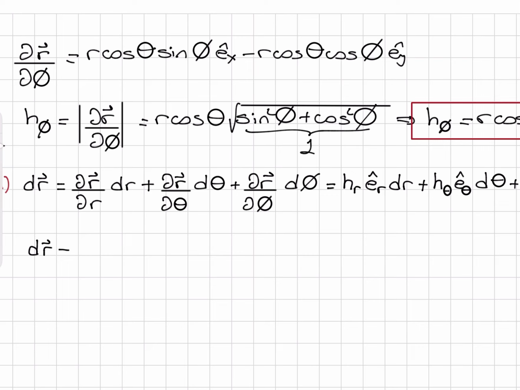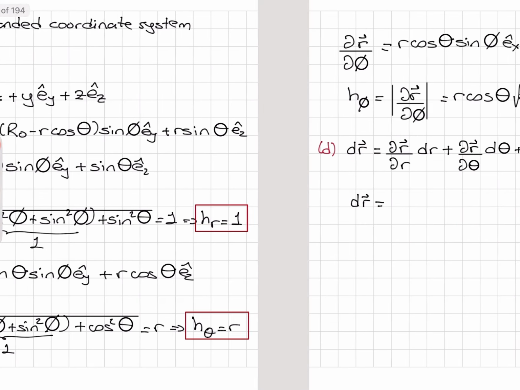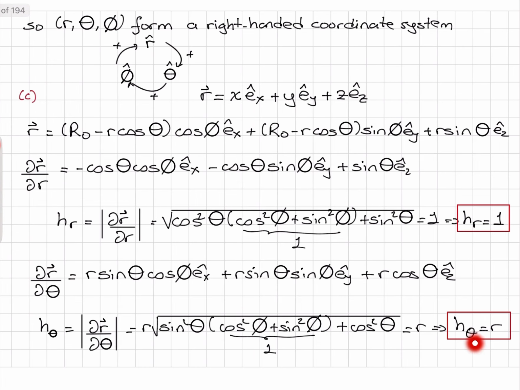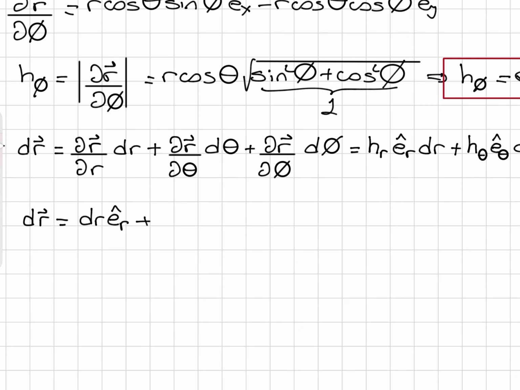This differential displacement vector dr: remember that the scale factor hr we found previously was 1. So this is simply equal to dr er hat. And the scale factor theta that we have found was r. So it is r d theta e theta hat.